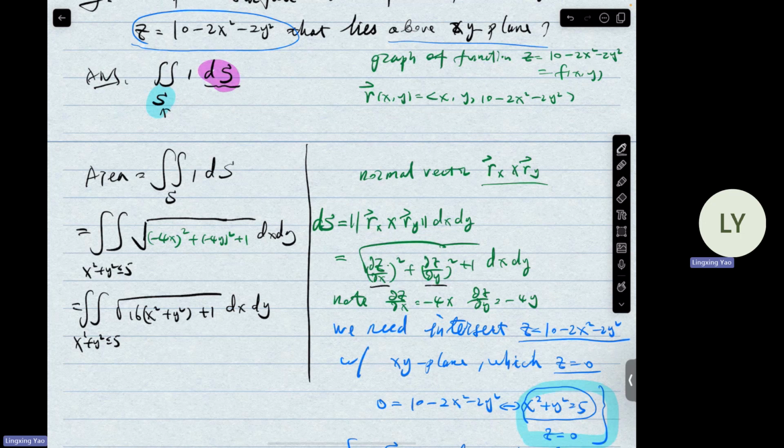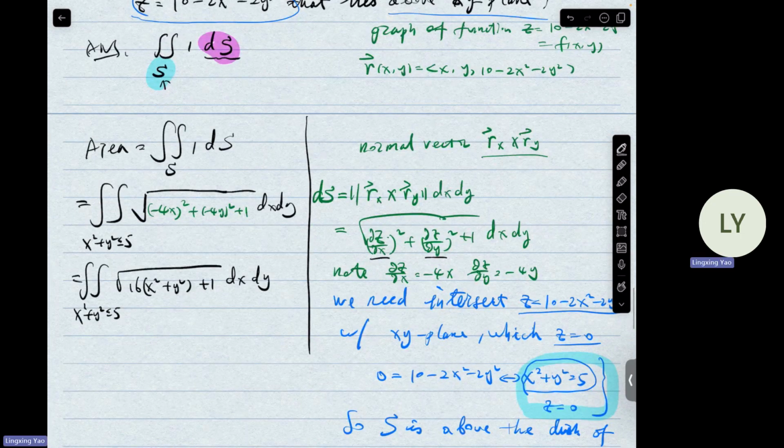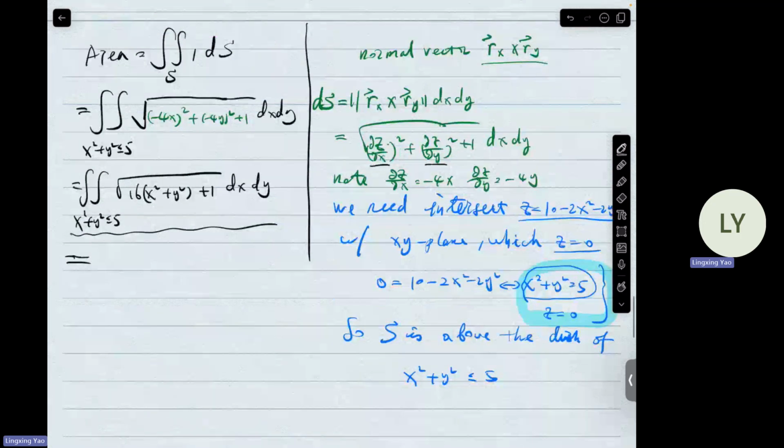Well, over here, obviously, this is only involving the calculation of a double integral, so we can choose a better method to compute it. For example, we can introduce the so-called polar coordinates, right?